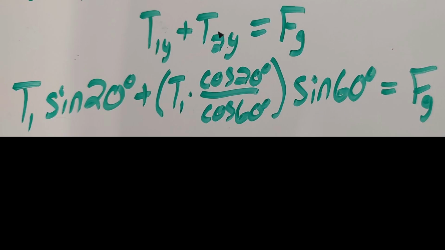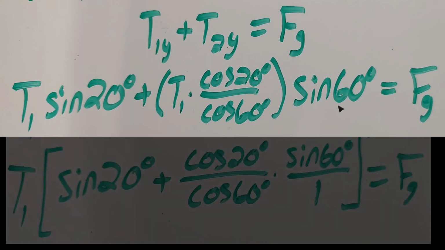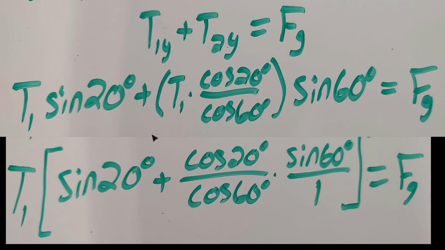We just found in the previous step that T2 equals T1 times that constant, like 1.8 or something. All right, so this is T2 times sine of 60, or T2y. And that's why it was important to find T2 in terms of T1, because now we can factor out a T1.